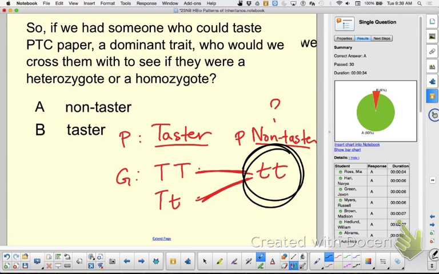Turn towards your bio buddy. Dark-shirted one, explain this question. Go.